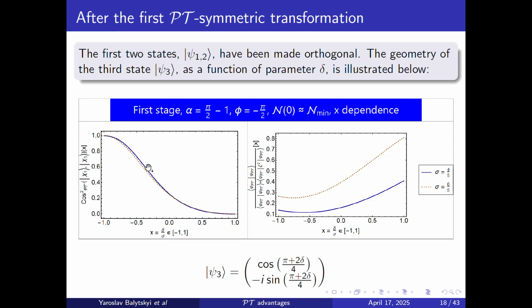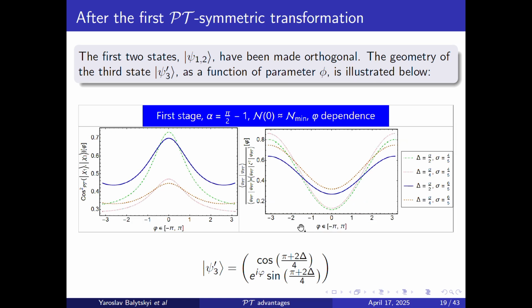So if you have two states which you make orthogonal, and the third state is right in between them, you can see that on the edges it's 0 or 1, right? And you can see that the states that are closer to each other have lower probability of decisive outcome because they are less distinguishable.